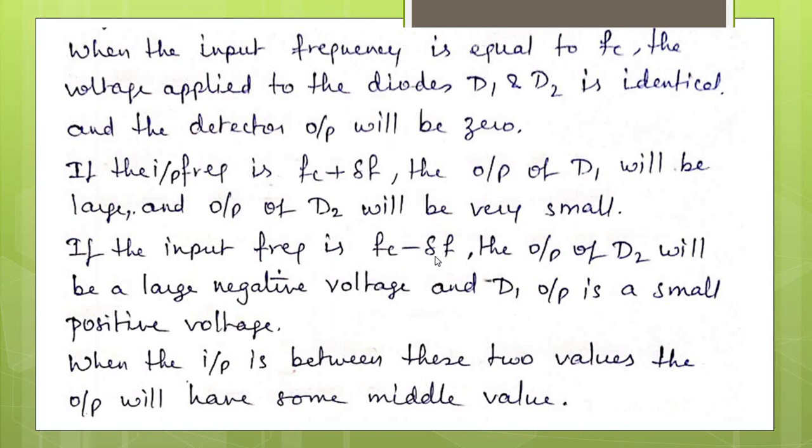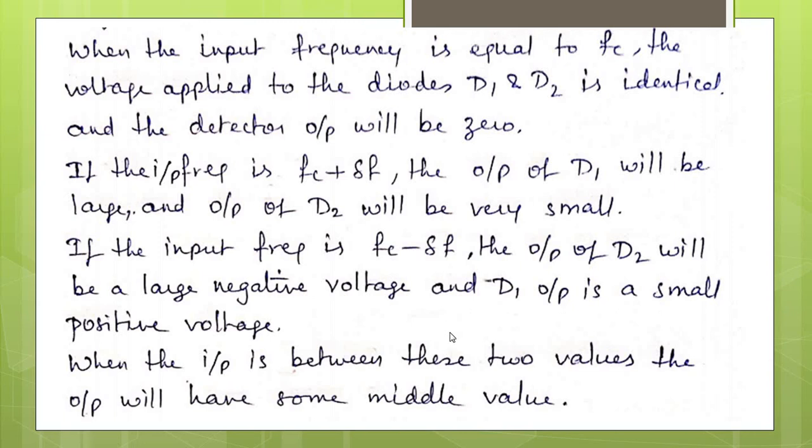as the input given is Fc minus delta F, and the diode D2 is connected to the second half of the center tap transformer. So in this case, the D2 output will be a large negative voltage, and the D1 output will be a small positive voltage.